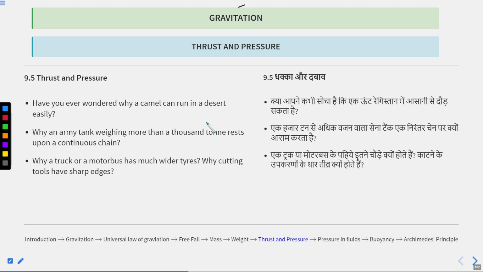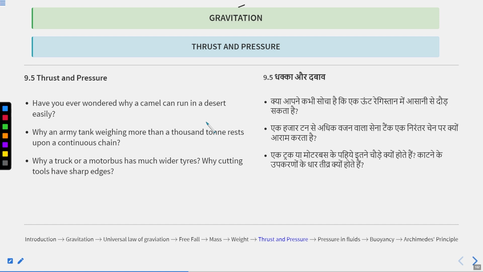So from that topic, weight on the surface of the moon, we have completed the first part of the gravitational topic, which is gravity. In the second half of the gravitational chapter, we are going to learn about liquids: pressure exerted by a liquid, what is the force inside a liquid, why some objects sink in the liquid while some objects float on the liquid, and what is Archimedes principle.